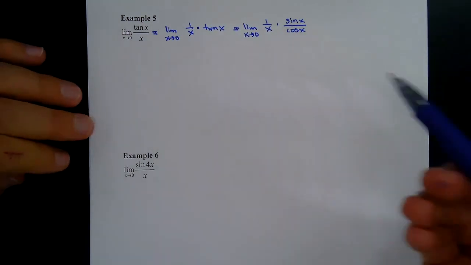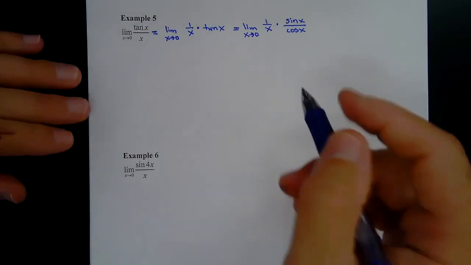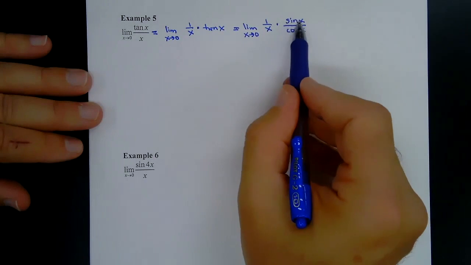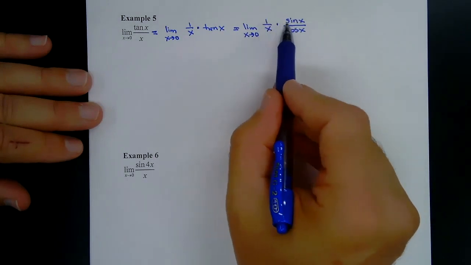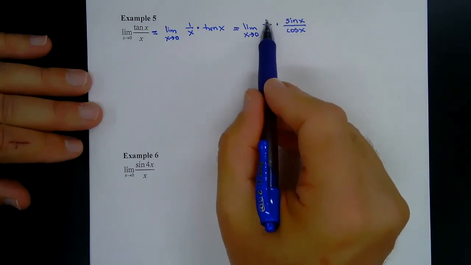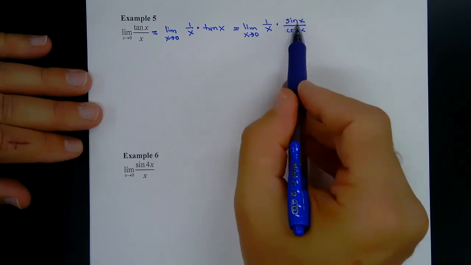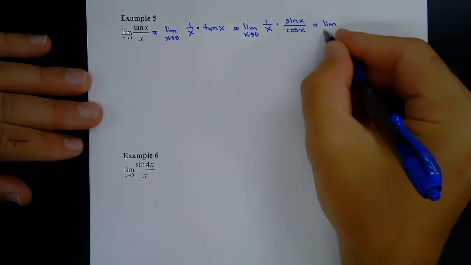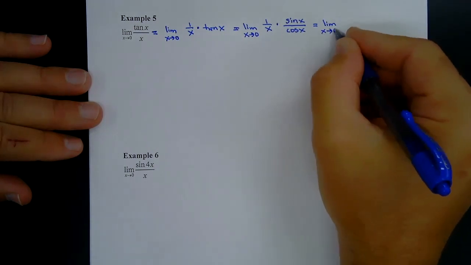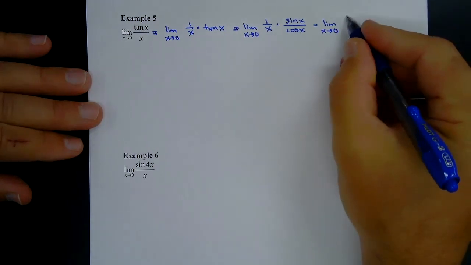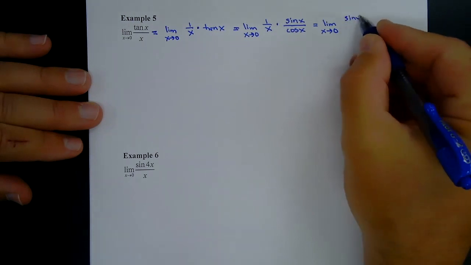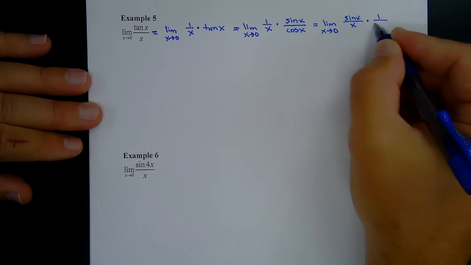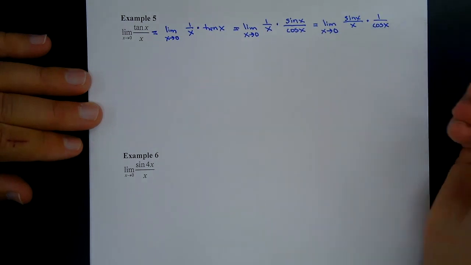Now, how does that help me? I know that I can break this up, and I can switch these numerators. So I could rewrite this one as sine x over x, and this one as 1 over cosine x. So this becomes the limit as x approaches 0 of sine x over x times 1 over cosine x.